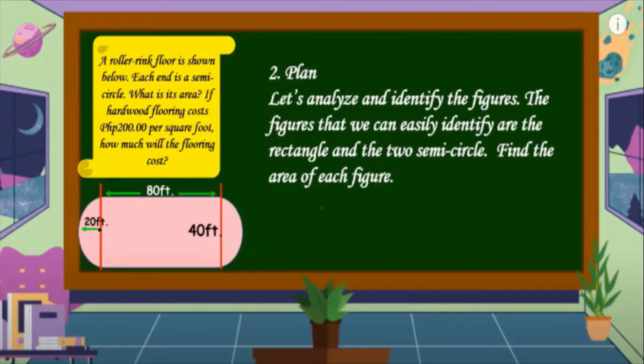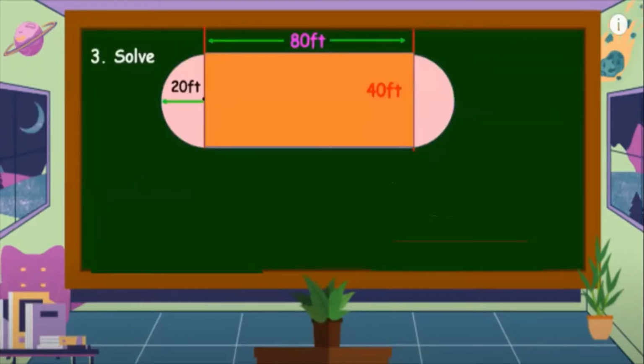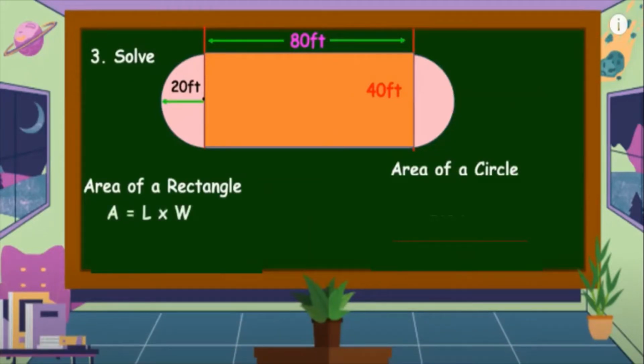The first thing that we are going to do here is find the area of each figure. We are going to find the area of the rectangle and the area of a circle. Let's start with the area of our rectangle. The formula is length times width.